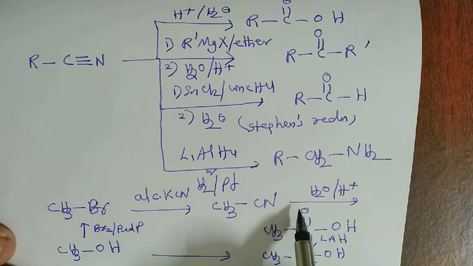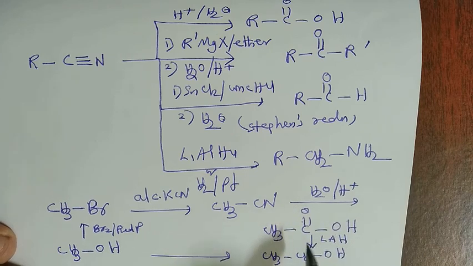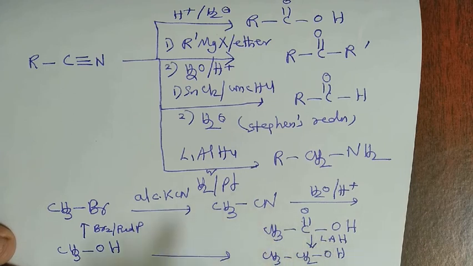Then methyl cyanide is converted into ethanoic acid by acid hydrolysis. Ethanoic acid on reduction with lithium aluminum hydride gives ethanol. That is, the overall change is that methanol is converted into ethanol. It is an example of stepping up in a homologous series.